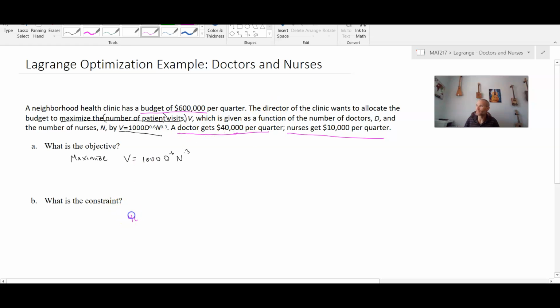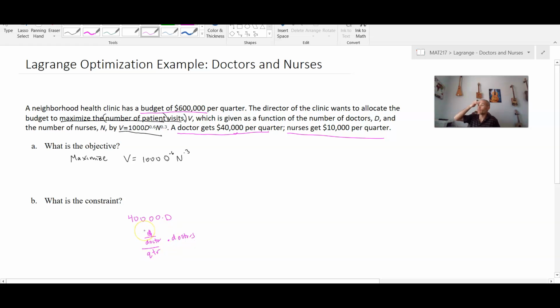But in general, this constraint will be 40,000 D. That's a multiplication there. Notice that this is in dollars per doctor per quarter, and this right here is the number of doctors.